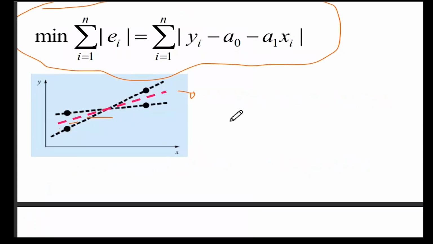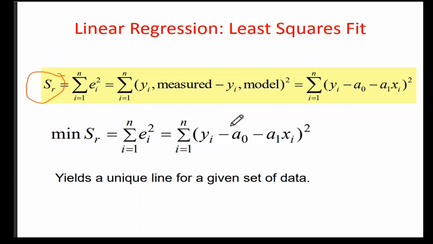Kita akan tengok dia punya standard deviation dia tu. So kita akan tengok berdasarkan standard deviation. So dengan mencari nilai SR yang minimum, standard deviation yang minimum, so kita akan berdasarkan kepada minimum value of SR, kita akan gunakan dia sebagai kriteria untuk menentukan apa nilai A0 dengan A1 yang terbaik untuk dapatkan spesifik.